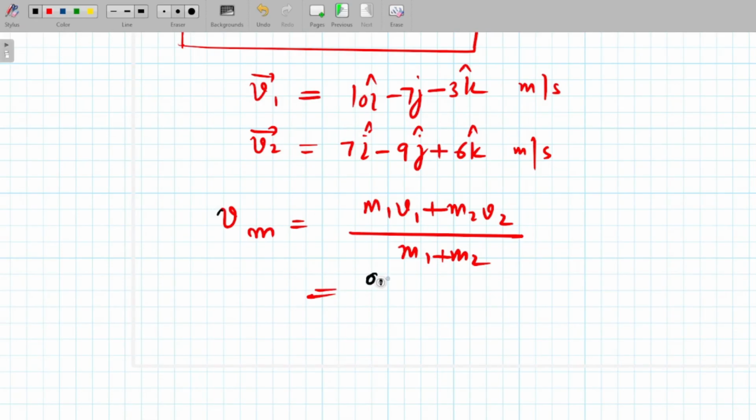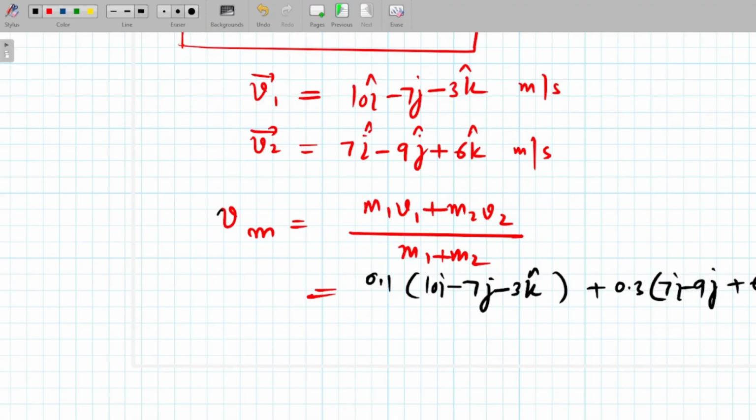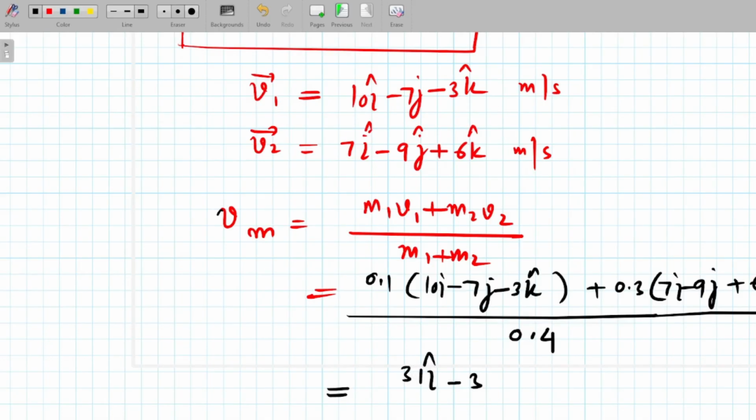So we would write 0.1 multiplied by V1, the quantity 10i minus 7j minus 3k, then plus 0.3 times 7i minus 9j plus 6k, and then m1 plus m2 was 0.4. 31 I cap minus 34 J cap plus 15 K cap upon 4.